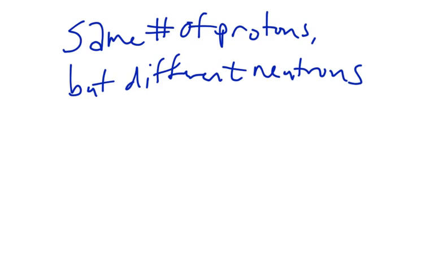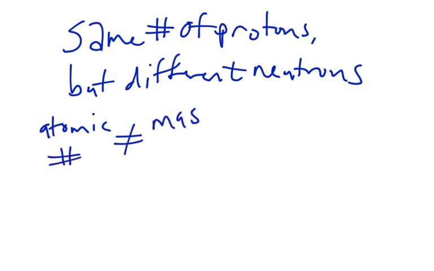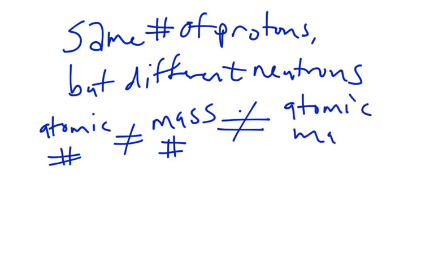The first term I want to introduce you to, along with this idea of isotopes, is atomic number. There are a few confusing terms in this chapter. Atomic number is different than mass number, which is different than atomic mass.